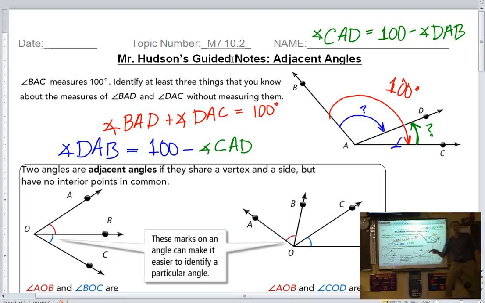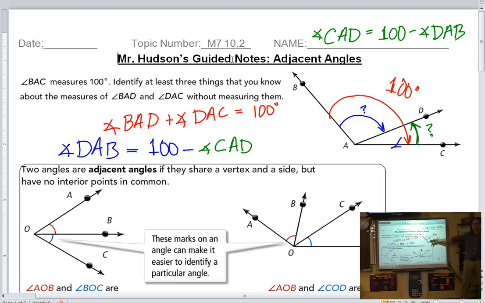So at least one angle would have to be acute, but both of them could be, because we don't know anything about the sizes. If this really is 100 combined, which it's not, if you measured this with a protractor, it's not 100 degrees, but if it was, this would probably have to be like 95 and 5 or something like that.